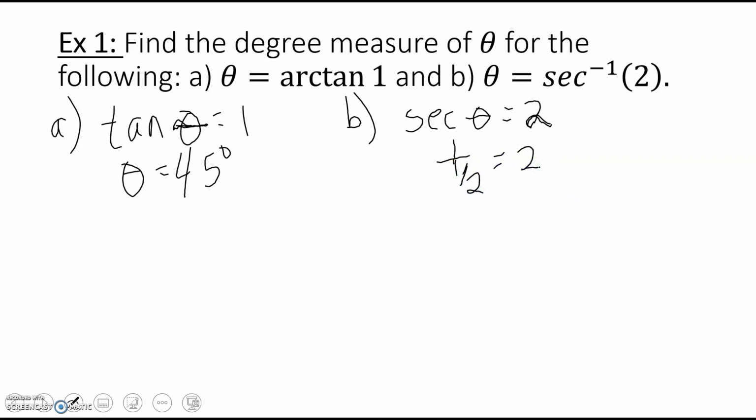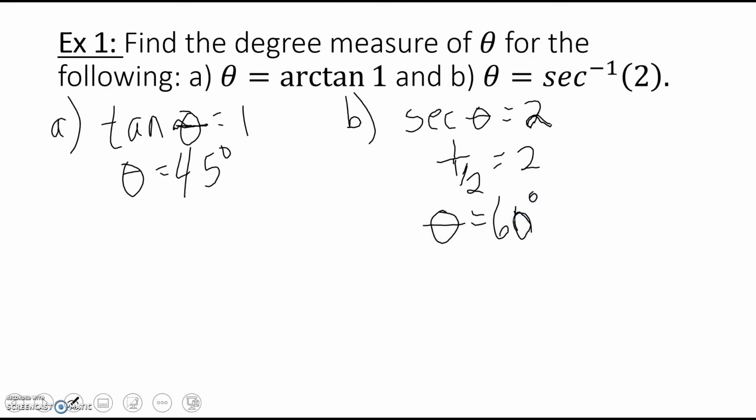So 1 over cosine will have to be 1/2 in order for us to get 2, because we would do the keep, change, flip. You will multiply by the reciprocal of the denominator, which is 2. So where is cosine 1/2? Cosine is 1/2 at 60 degrees. So this would be theta is equal to 60 degrees.